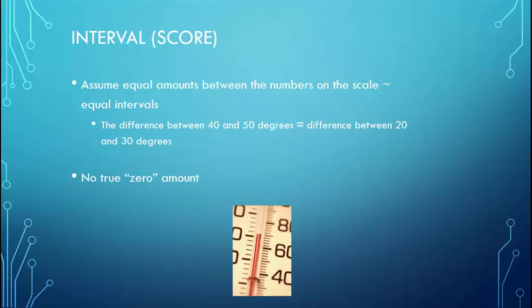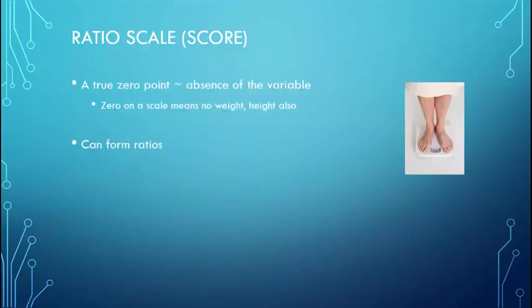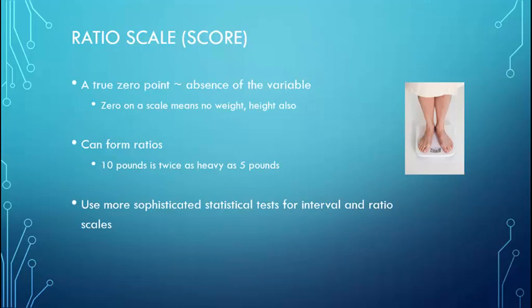The difference with the ratio scale, this is where, again, the points on the scale are all equal distance from each other, but there is a true 0 point, meaning 0 actually means 0. So if something weighs 0, it has no weight. Something has no height, right? It can't be measured. It has no height. So 0 actually means 0. This is the case for many of our more physical types of measurements.